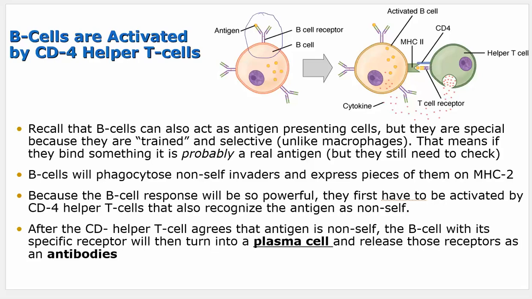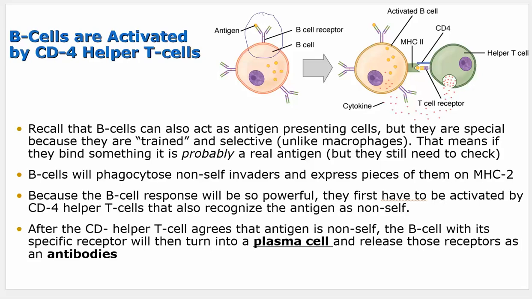It's just a receptor. But if it happens to recognize something that doesn't look right, then, remember, they've been trained too, so if it binds to it, that means it's probably foreign. So then it presents it on its MHC2. It doesn't just start making antibodies against it. It presents it on this MHC2 and checks in with the helper T cell. That's an important thing that it does because it's like an extra check.